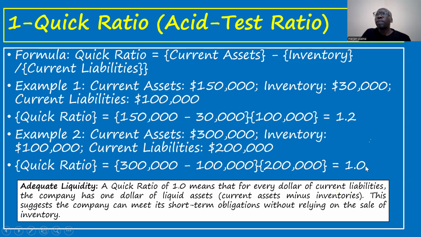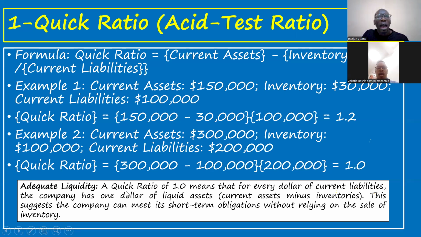Now, sometimes you can be asked to interpret the meaning of this 1.2, or the meaning of 1.0. So a quick ratio of 1.0 means that for every dollar of current liabilities, the company has $1 of current assets, so current assets minus inventories.